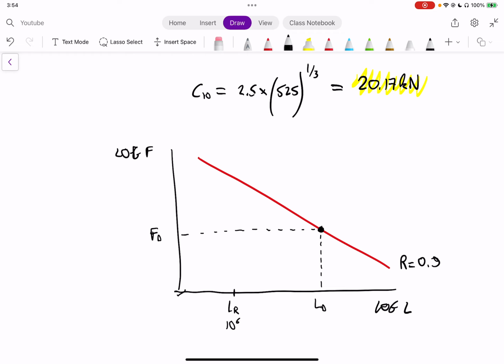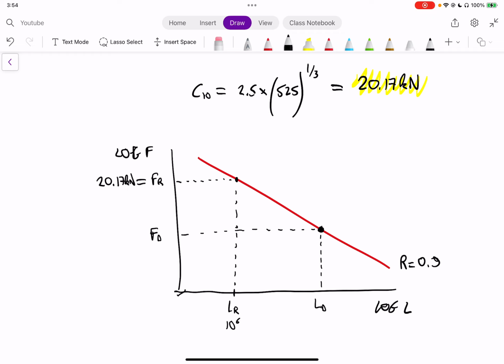Then my new operating point would be here. My L sub R would cross the line here, and so I know that my force rated will have to be higher. Based on this graph, which is a visual representation of the equation above, we can find that F sub R is equal to 20.17 kilonewtons.